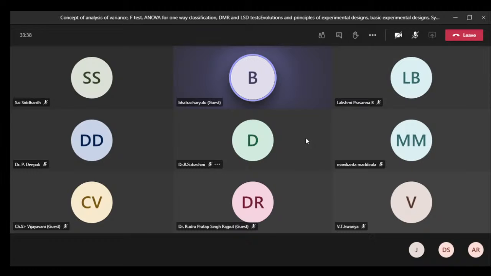You can use it for the basic designs like CRD, RBD, LSD, and some incomplete block designs, response surfaces, mixture experiments, and Taguchi designs. So these designs are available using Design Expert. You can also use SysStat, Statistica, or StatLab, which also provide statistical tools.